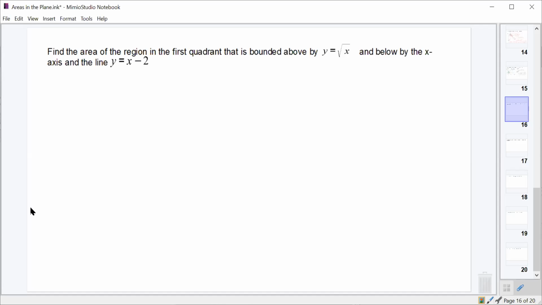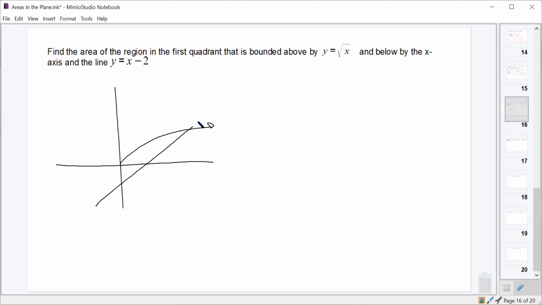So now we're going to make things a little bit more complicated. We're going to look for the area of the region that is only in the first quadrant, that is bounded above by y equals root x, and below by the line y equals x minus 2. So x minus 2, what does that look like?